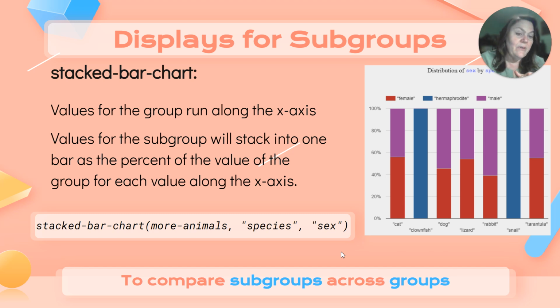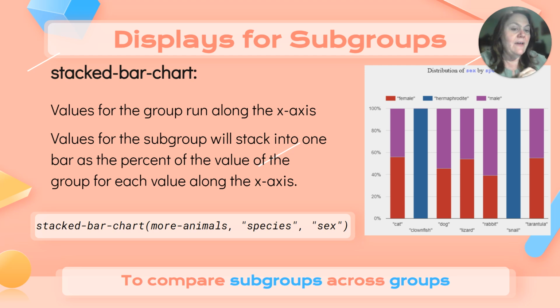You still have the group values going across the bottom. So this time I had more in this particular data set. There's more species listed here, all the way to a clownfish there. And those run along that x-axis. But now the subgroup of sex in this particular example are stacked on each other by percentage.